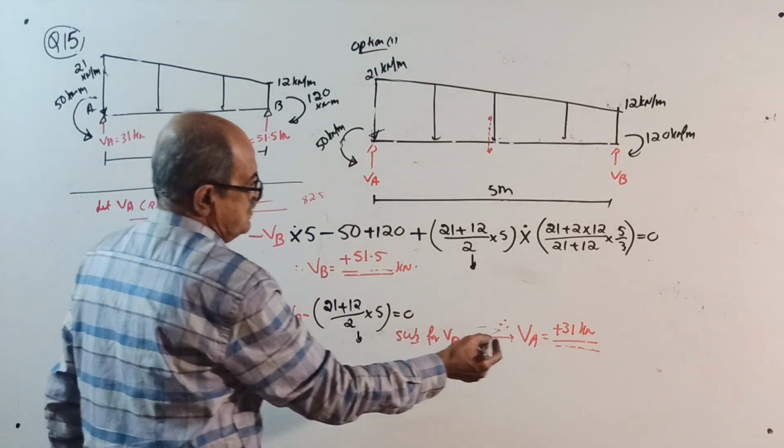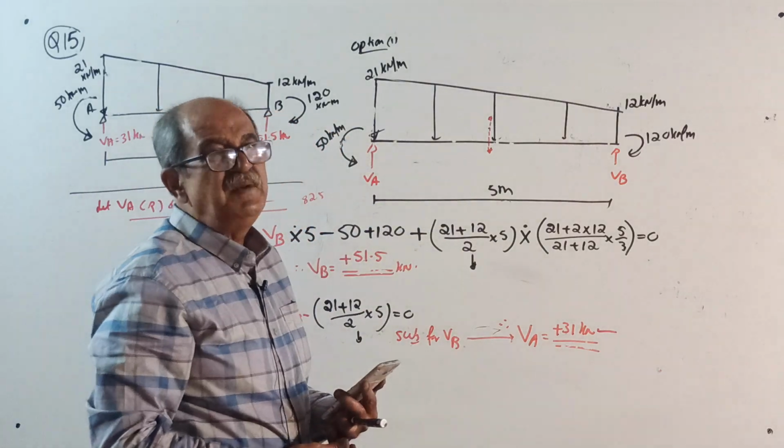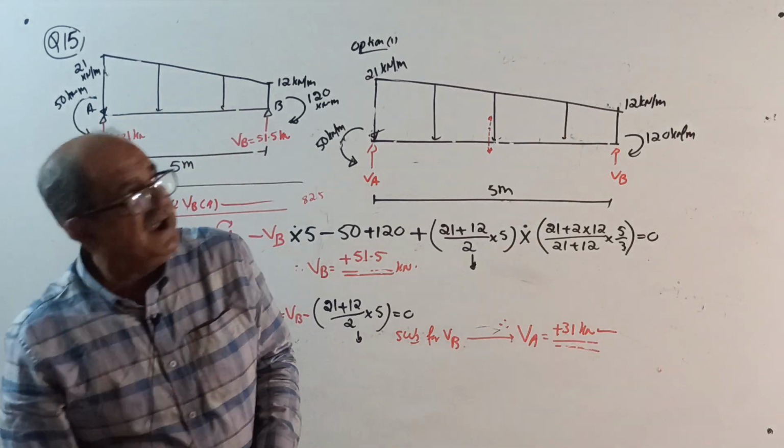Oh okay, perfectly correct. I got 31 by taking moment about B. I do not want unnecessary mistakes here. Okay, option 1 is over. Now write option 2.